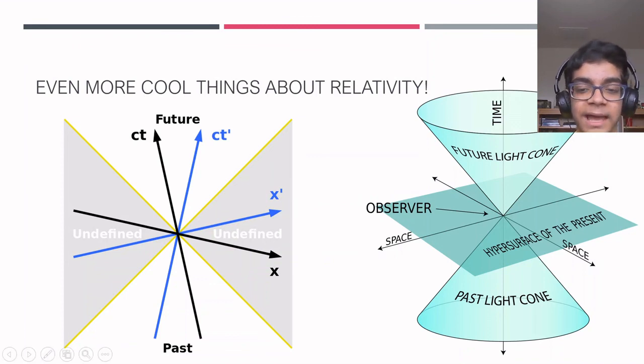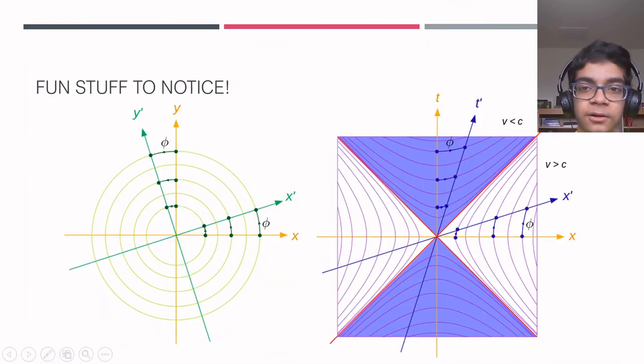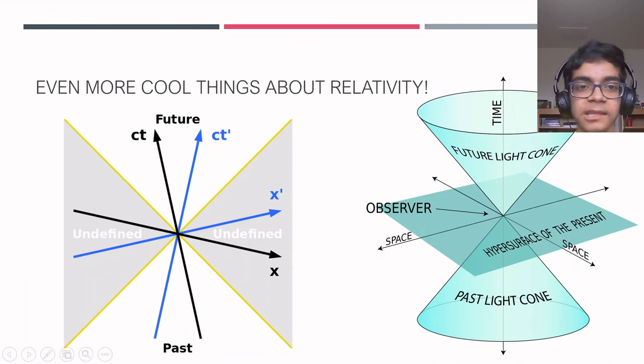If we look at our space-time diagram, the future of whatever events are to come is represented by the area between the v equals c and v equals negative c lines, the upward part of them. The past is everything at the bottom, because that's where we get negative time.